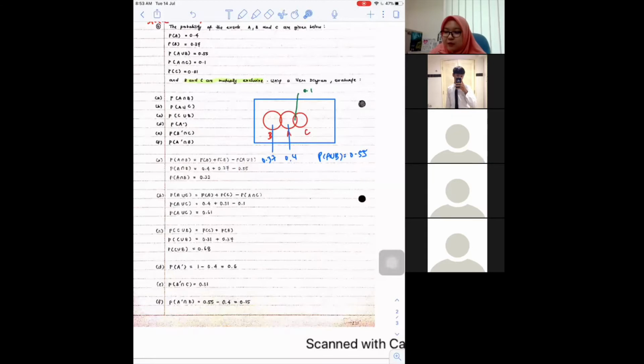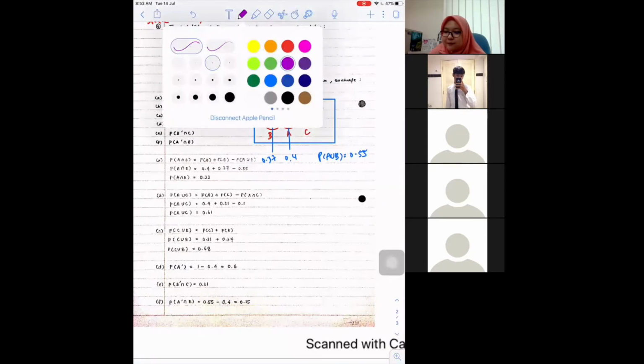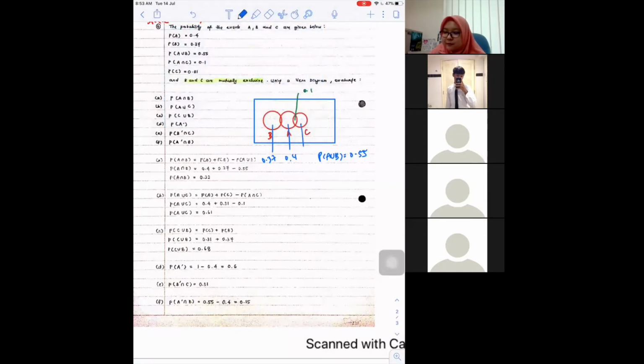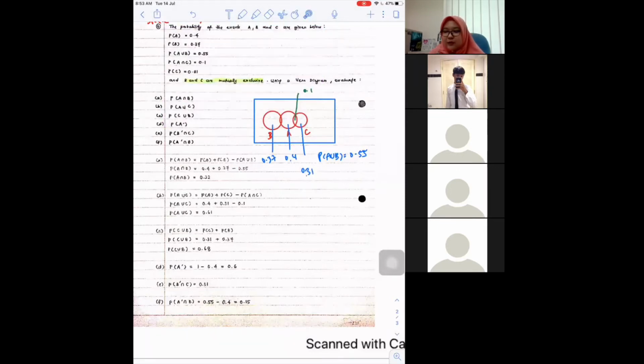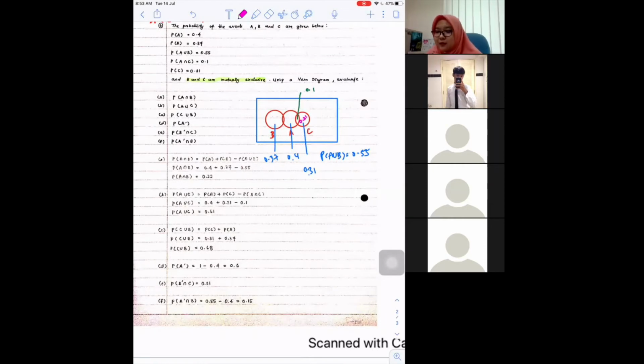The whole thing is 0.31, minus the intersection here, which is 0.1. So what is this area here? 0.31 minus 0.1, so this is 0.21. Okay, so you have that area here, that area there.